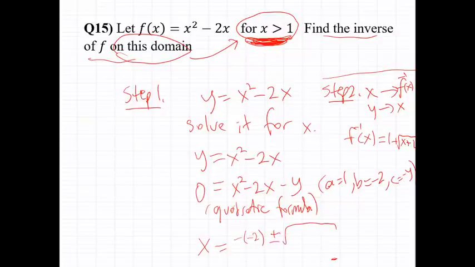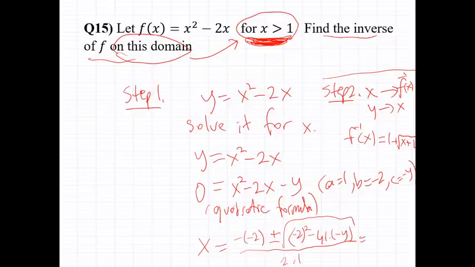plus or minus square root of b squared, which will be 4, minus 4 times 1 times minus y, divided by 2 times a, which is 2 times 1.